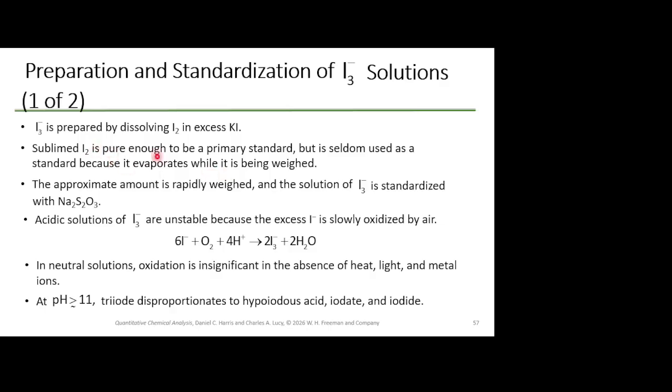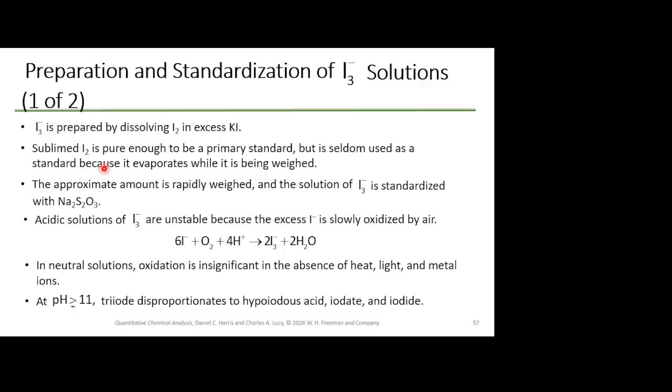Now, the reason you want to use iodine and iodine is so popular is because you prepare the I3 minus by dissolving the I2 in excess KI, right? The I2 is actually sublimed. So you can take gaseous I2, which is quite easily, you can just heat it, it'll go into the gaseous form.